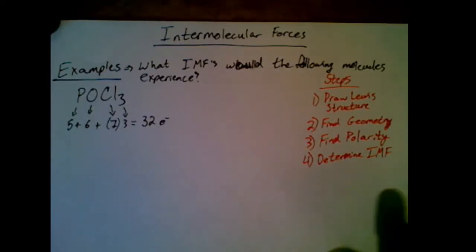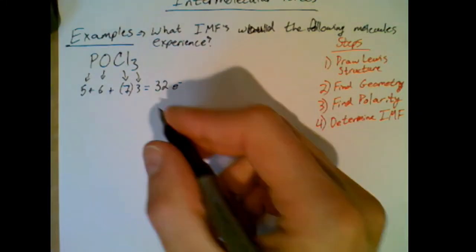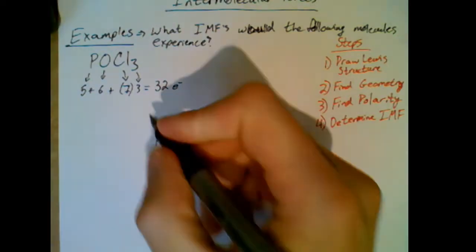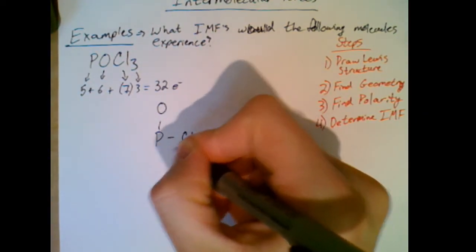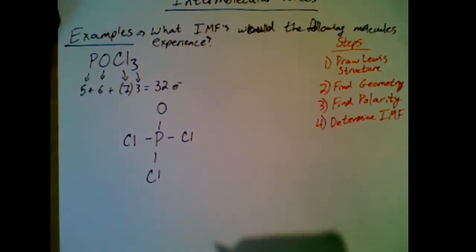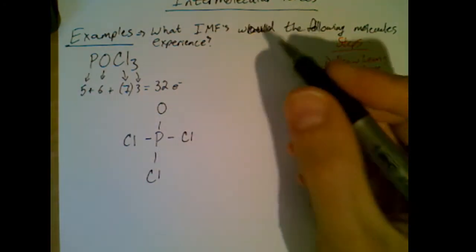Then the next thing we want to determine is what our central atom is going to be. Phosphorus has the most unpaired electrons, so phosphorus is going to be your central atom. Then form your bonds to the other elements around the outside of your central atom. Add your lone pairs, and count up the electrons you've used.